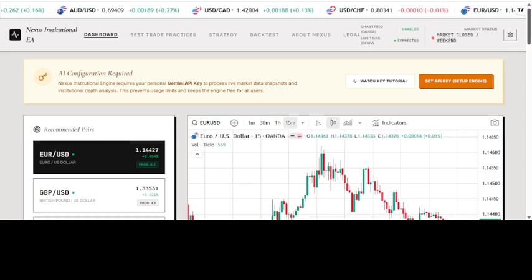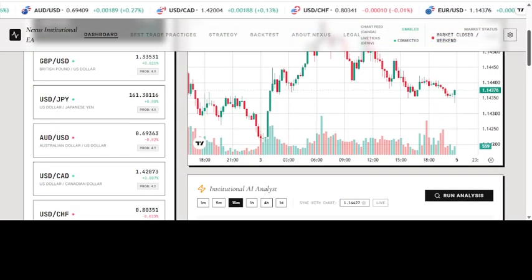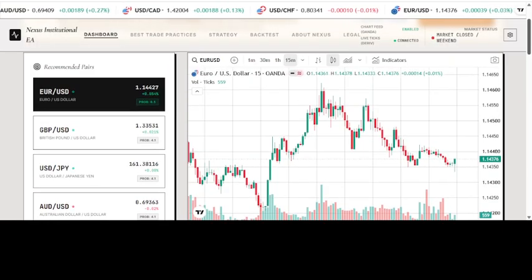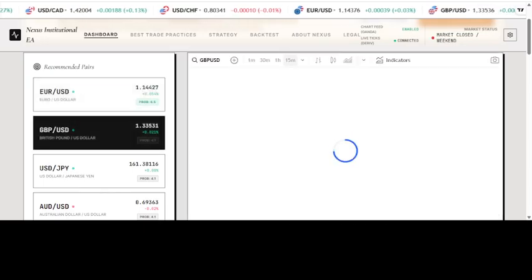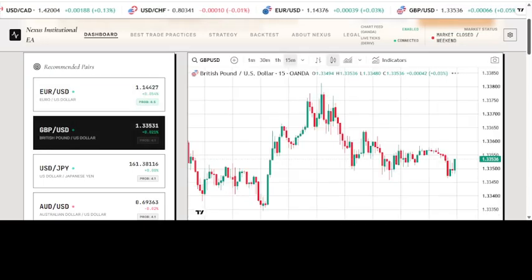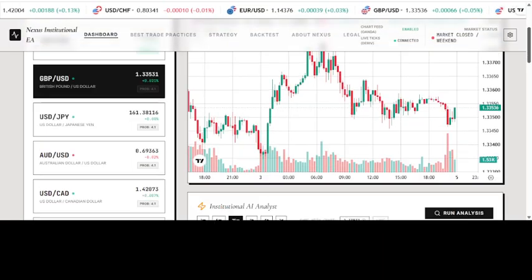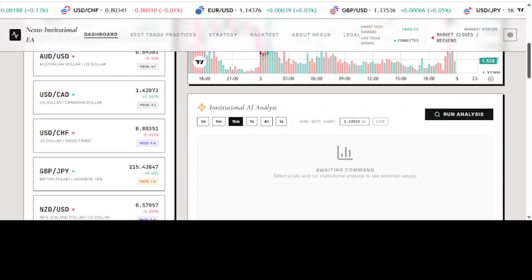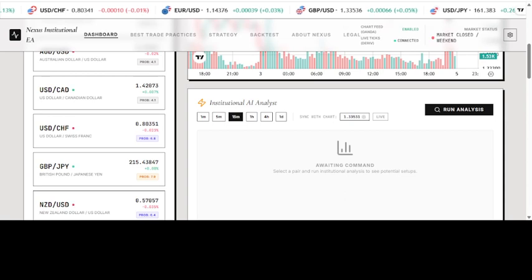So I've integrated the TradingView charts into the engine here, as you can see. All you simply do is click on the particular currency pair and it'll load up the chart here. Usually it's already synced up to the price of the chart.